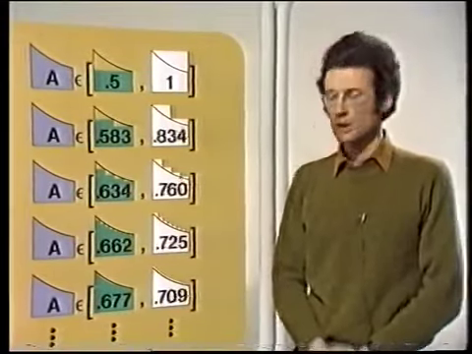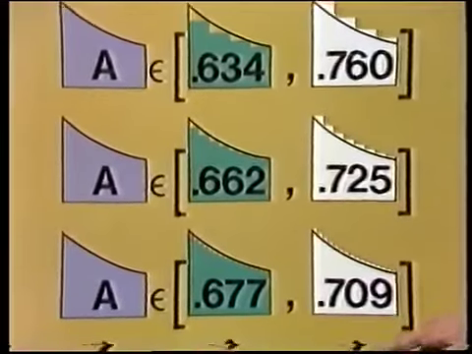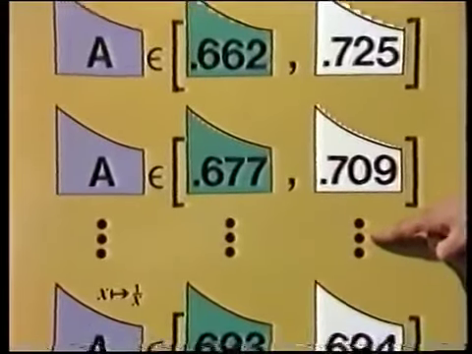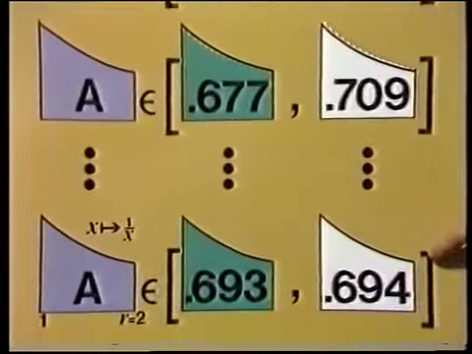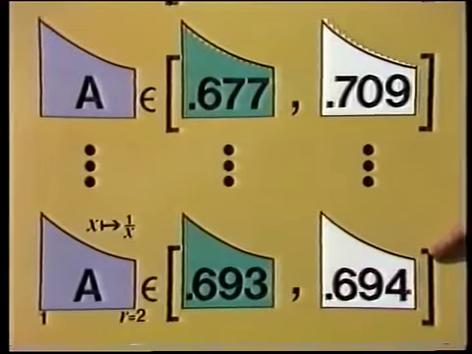And in fact, we can make the ends of the intervals as close together as we please, and so calculate the value of A as accurately as we please, simply by taking enough rectangles. So if we go on from here with 16 rectangles to 32 and 64 and so on, when we get as far as 2048 rectangles, which is so many that they don't show up in the diagram, we finish up with this interval.